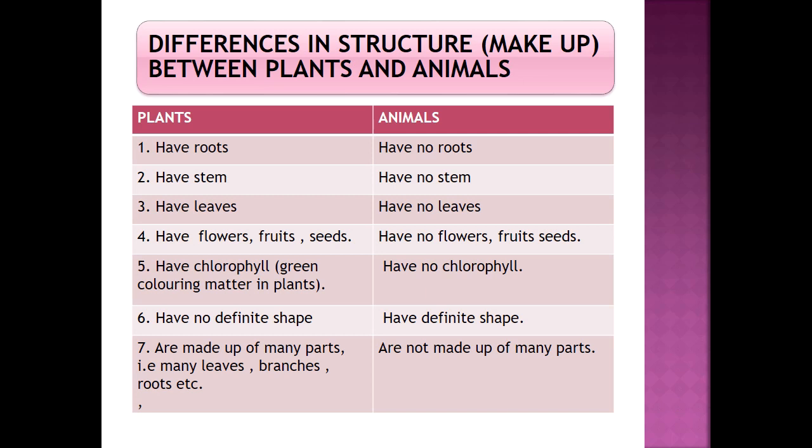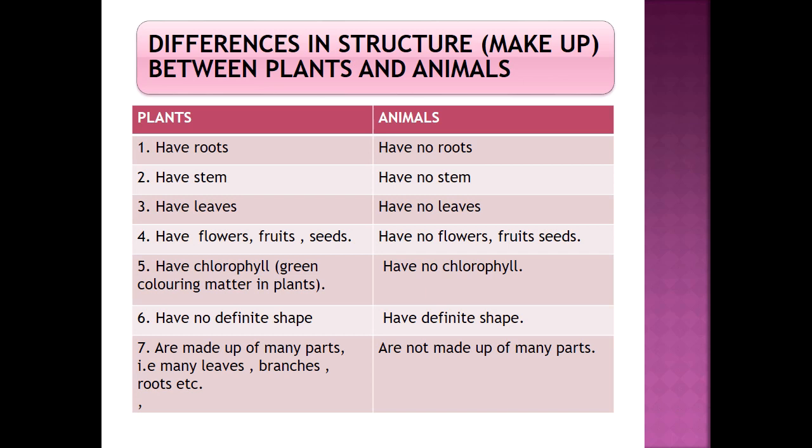In a way of summary, today we considered living things, and we say living things are those things that have life in them. And we say both plants and animals are living things because they have the qualities of living things. And we say some of the qualities include movement, respiration, reproduction, feeding, etc. And we looked at example of plants.